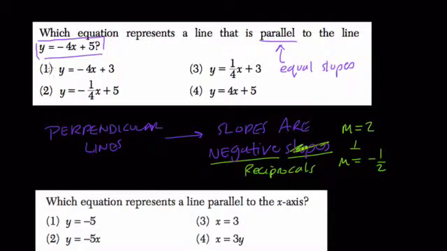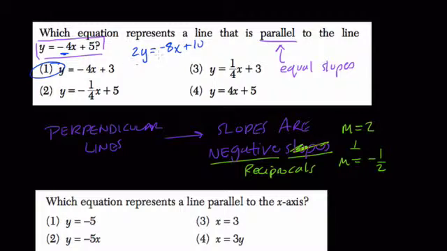Well, here in this equation, negative 4 represents slope. So here, choice 1 is the answer because it also has an equal slope. As long as it has an equal slope, you're pretty much good for it to be parallel. The only exception is if the y-intercepts are the same. For example, if they gave you 2y equals negative 8x plus 10.